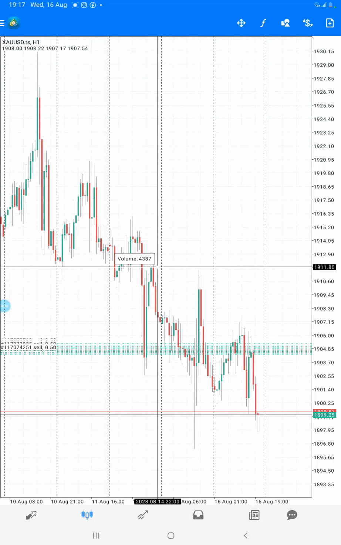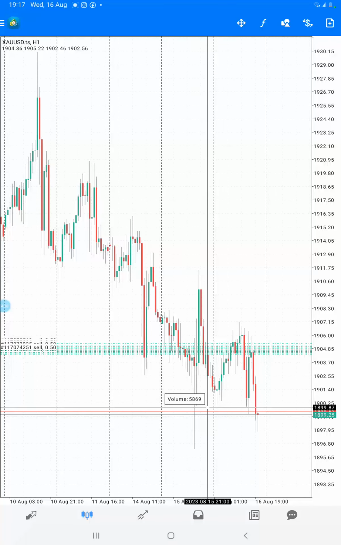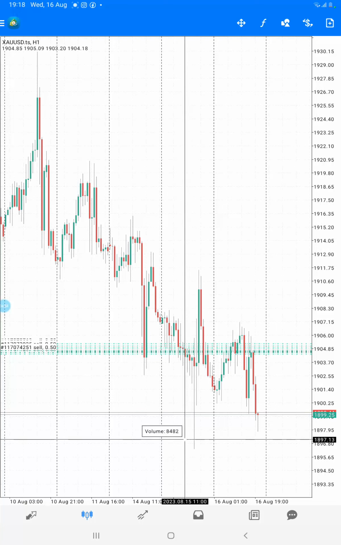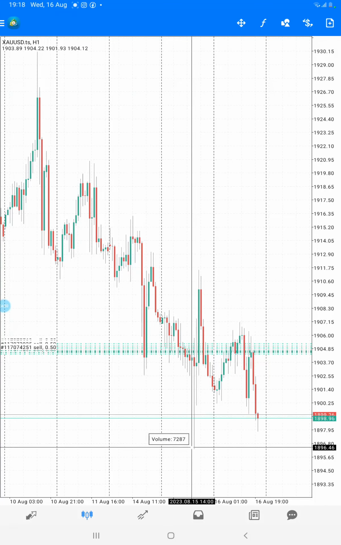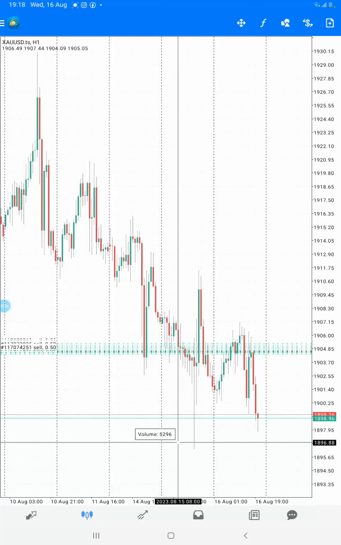Unfortunately, I don't have a pointer to show you with, but where it's written volume, there's this long bar coming down. It was fundamentals coming. They drove the market to this point, and then it went back up.